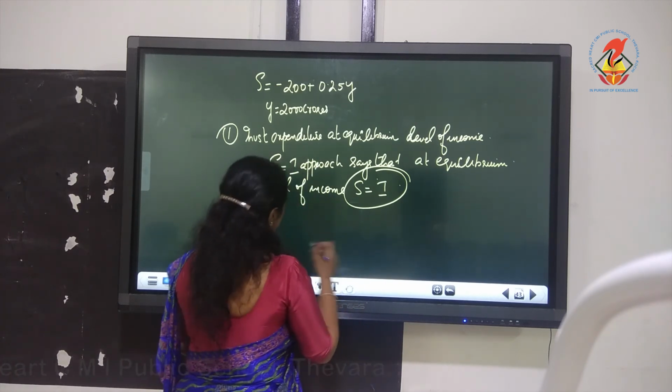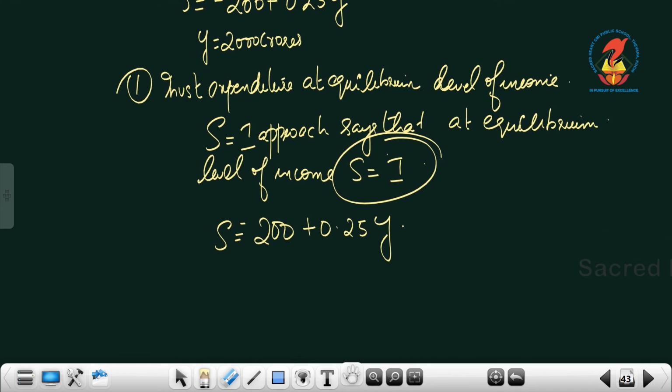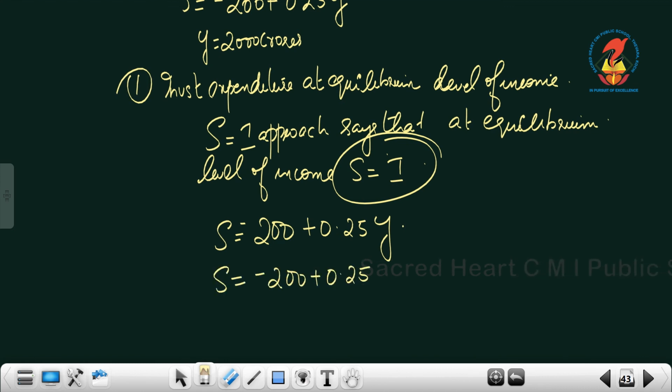Now you have the equation of S given in the problem. S is equal to minus 200 plus 0.25 Y. Now just substitute the value of Y in your equation. What is the value of Y given here?